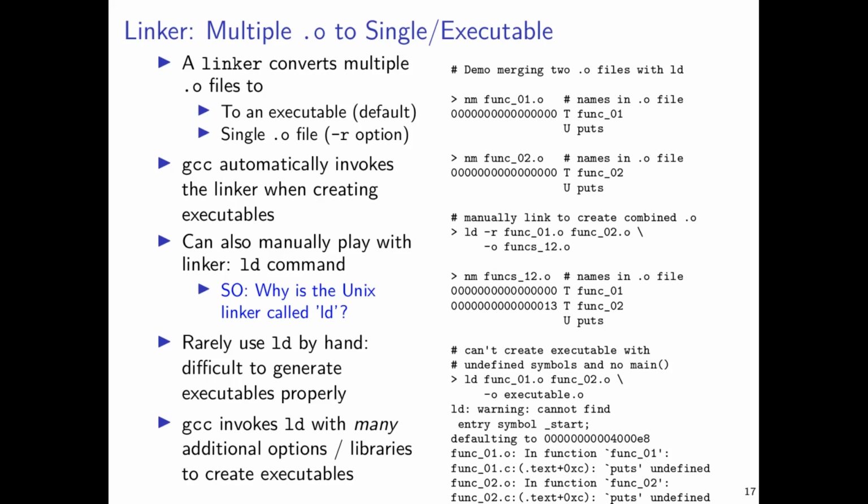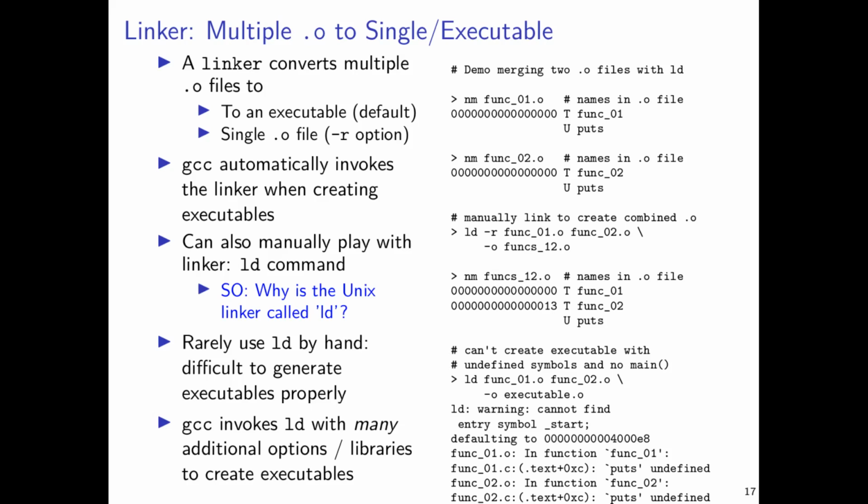The linker itself that's responsible for doing this mashing together of multiple .os has a tendency to need some main executable in order to actually produce an executable. But it's the case that you can do other things with this linker as well.